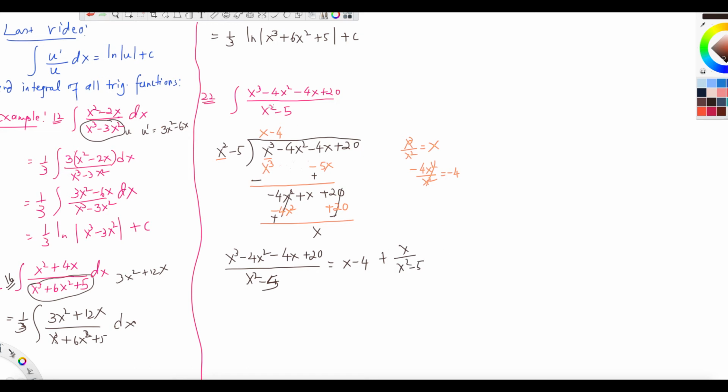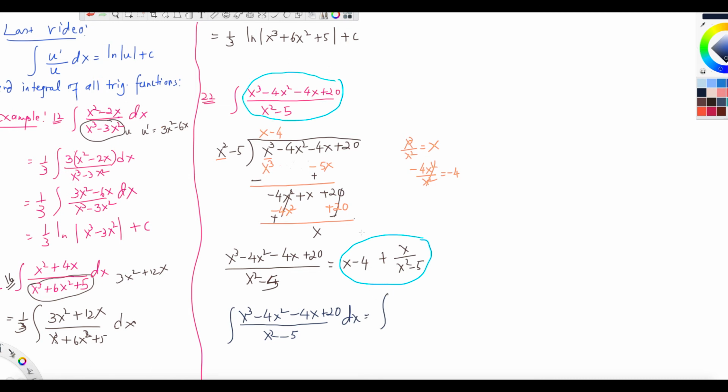That's how you can write this ratio, right? Basically this ratio is equal to that thing, so we are replacing it, okay? So how can you write that then? Therefore the integral of x cubed minus 4x squared minus 4x plus 20 divided by x squared minus 5. You see that? That can be written as what? Also, don't miss dx.